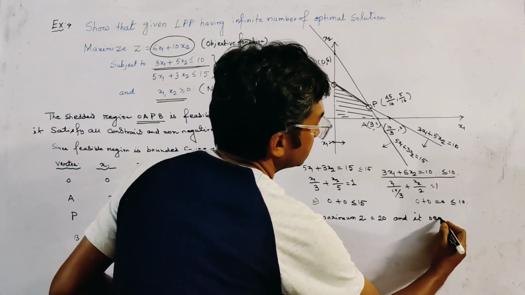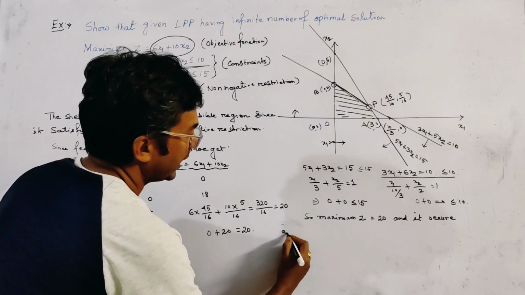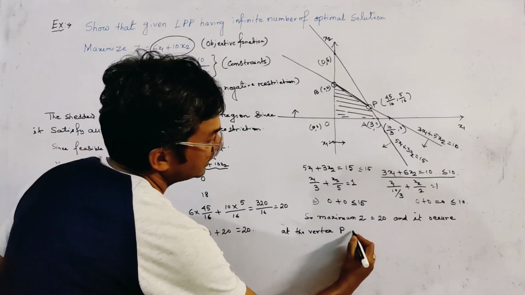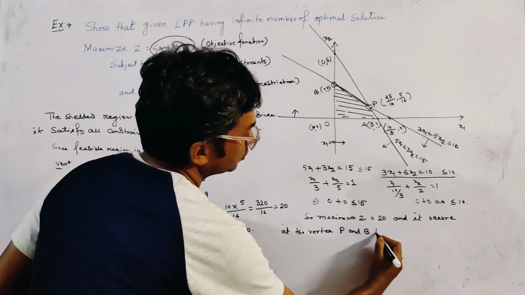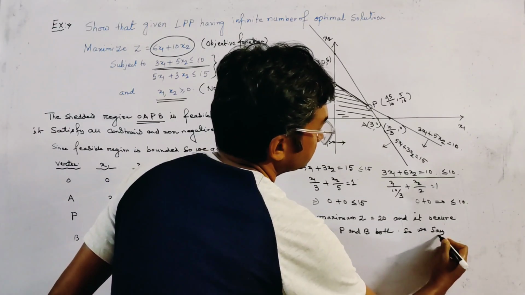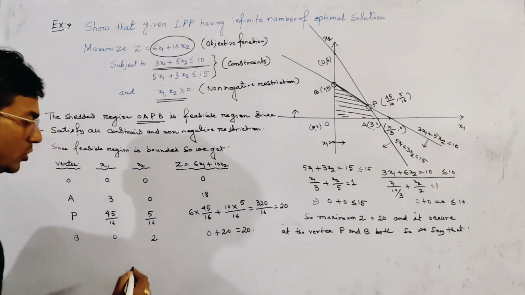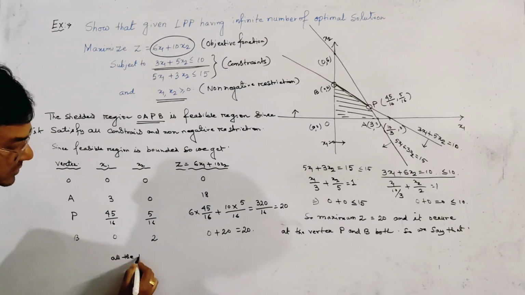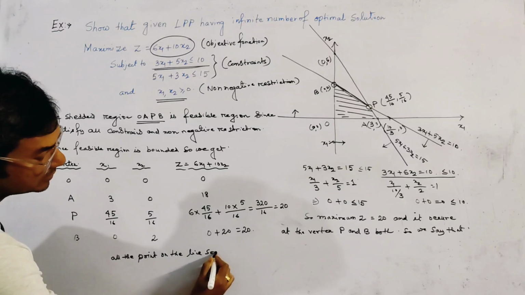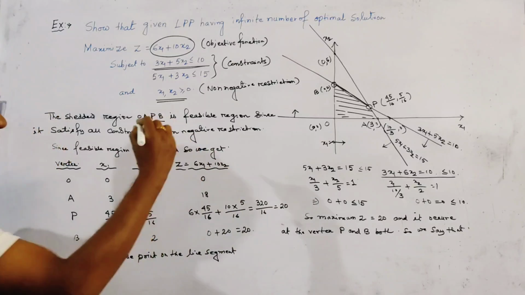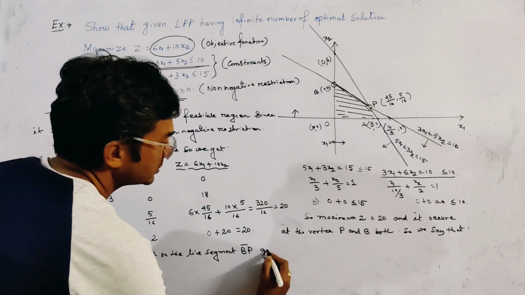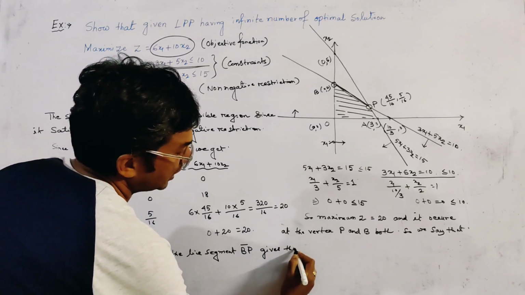It occurs at the vertices P and B both. Okay, so we say that all the points on the line segment BP give the max z.